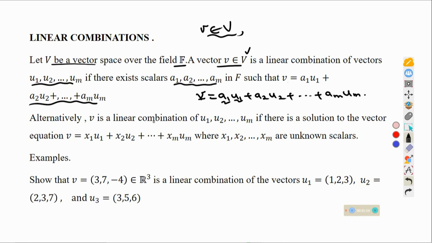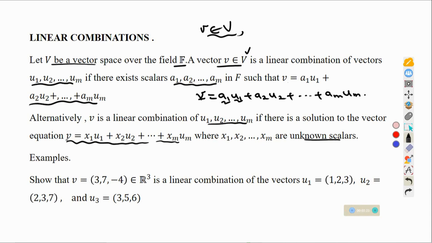Alternatively, you can say v is a linear combination of these vectors u1, u2 up to um if there is a solution to the vector equation. In other words, when you are able to solve this vector equation, that is v equals x1 u1 plus x2 u2 and so on, where x1, x2 up to xm are the scalars.